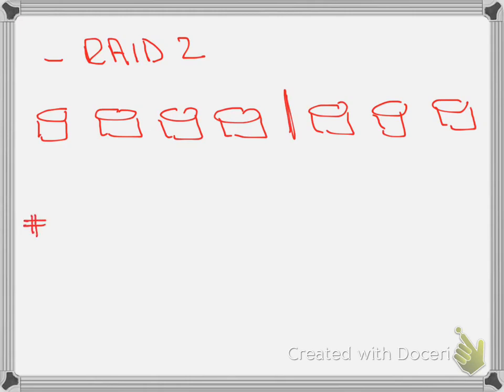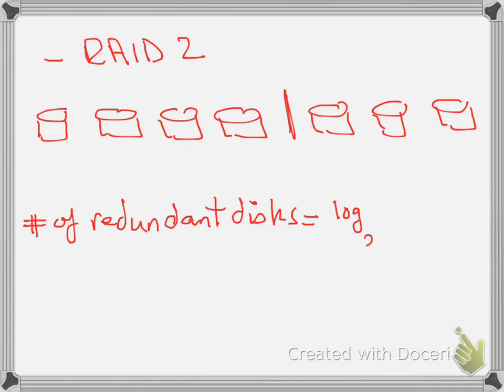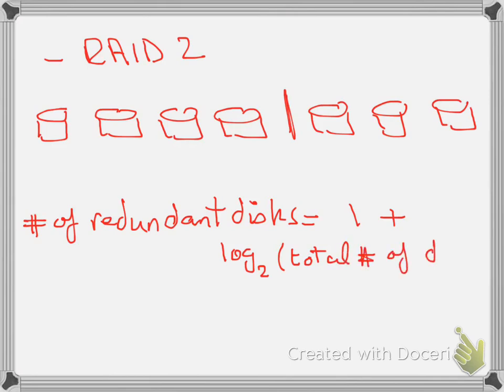The number of redundant disks is equal to 1 plus log to the base 2 of the total number of data disks.